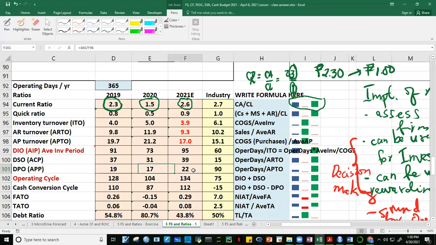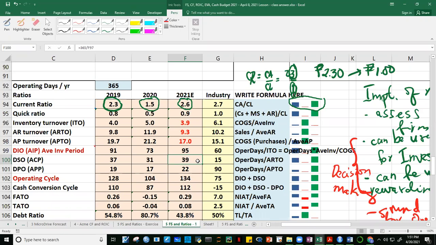From 17 to 22, it's a double-edged sword, no? It can be good in the sense that binibigyan sila ng longer terms ng company, ng suppliers nila. Or it can be bad in the sense that hindi kagad nila nakokolekta on time, di ba? 39 days sila bago makolekta, tapos kailangan nila magbayad on the 22nd day. You see that, guys? Tingnan nyo ito, Days sales outstanding.